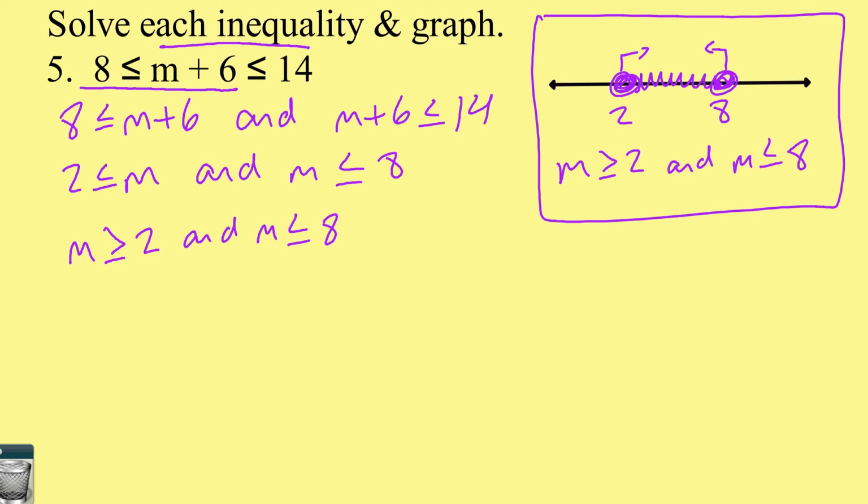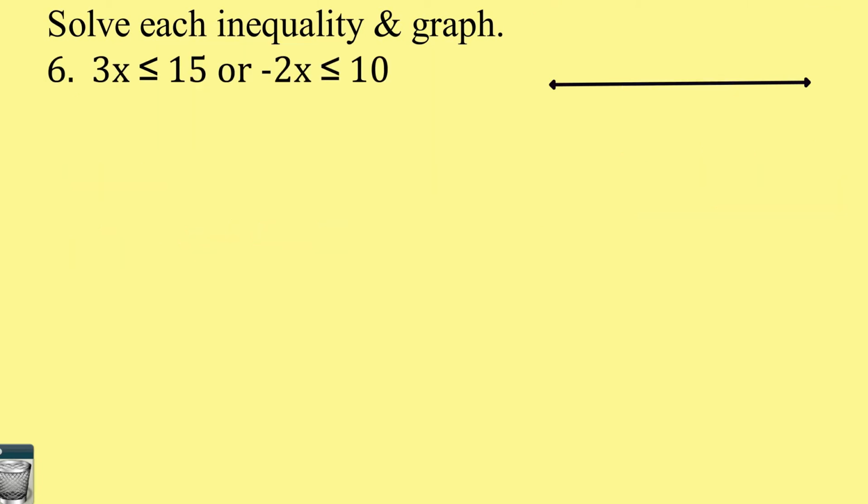All right, let's do another one. Okay, feel free to pause the video and try this on your own and see if you get the same thing as me. All right, we get x is less than or equal to 5, or x is greater than or equal to negative 5.